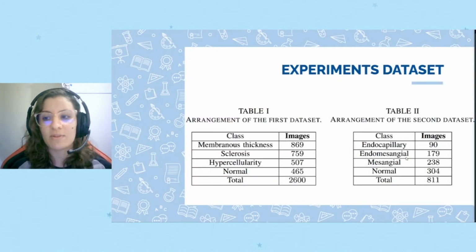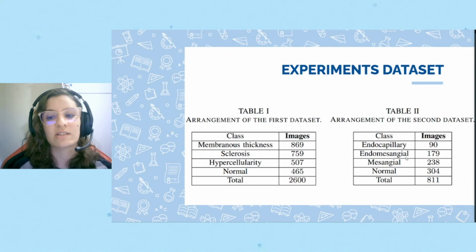In a second experiment, we evaluated the performance of the system using a dataset with variants of the hypercellularity lesion. The differences between images are even more delicate. In total, we assessed 8 CBIR configurations based on 4 feature extractors: VGG16, original and fine-tuned, Inception, and proprietary, and 2 similarity functions, cosine and Euclidean distance.